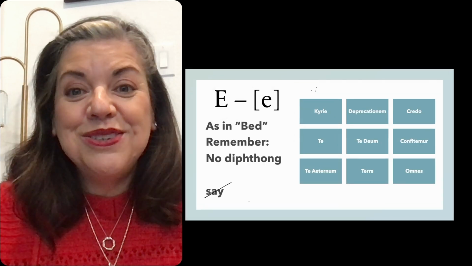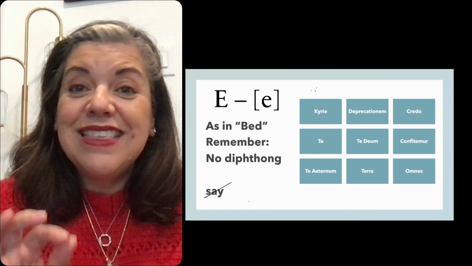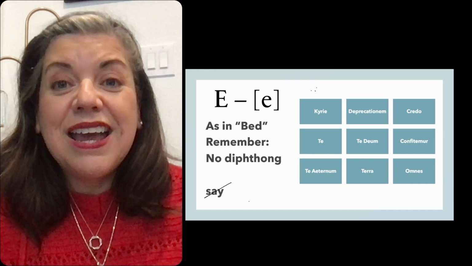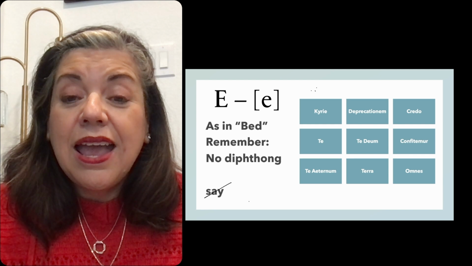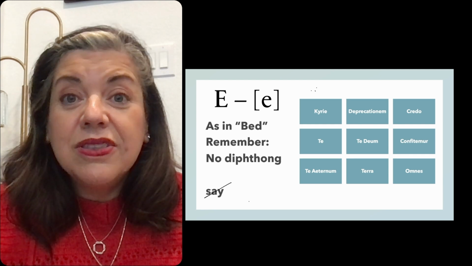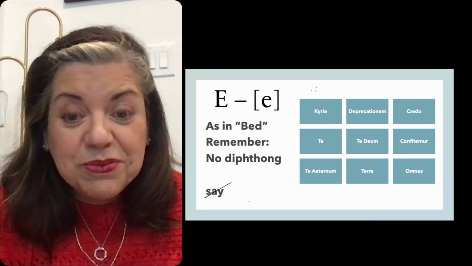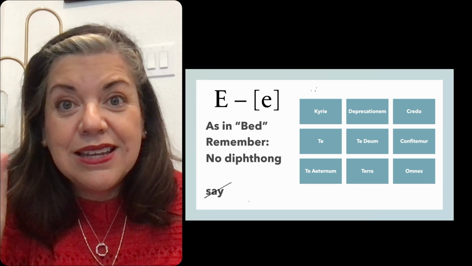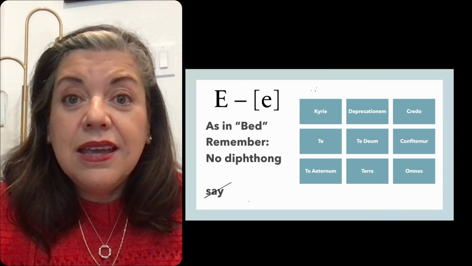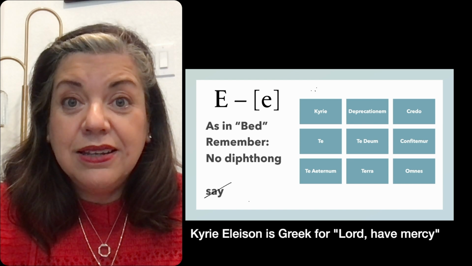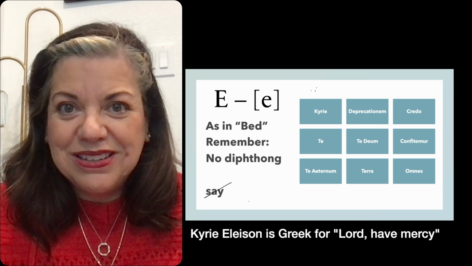We're going to go on to the E, and that is going to be pronounced as in the word bed, eh. Let's remember that we don't want to add a little diphthong, an A, in that E sound. So Kyrie, instead of Kyrie with the glide, right? We don't want to add that diphthong.